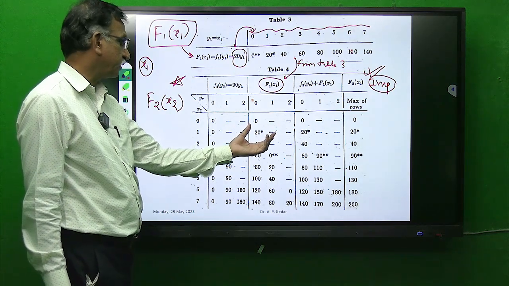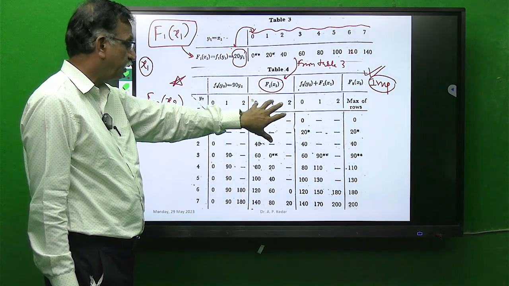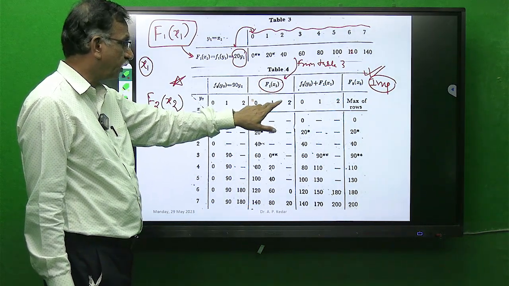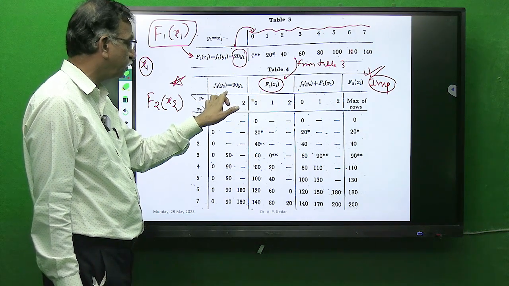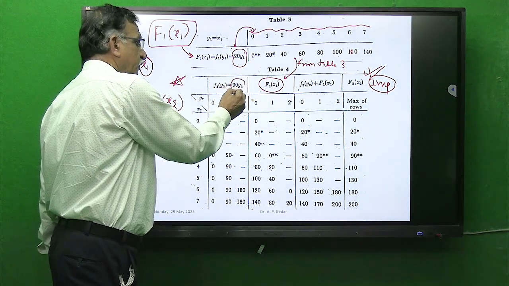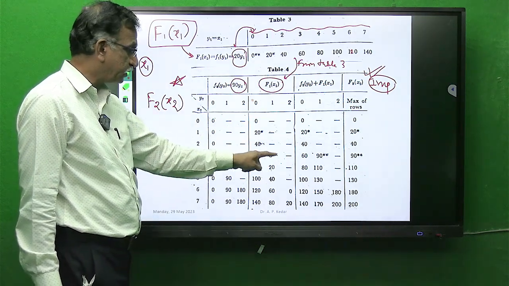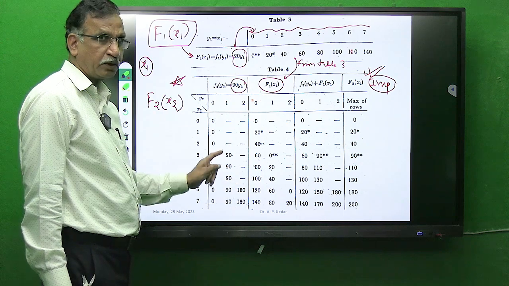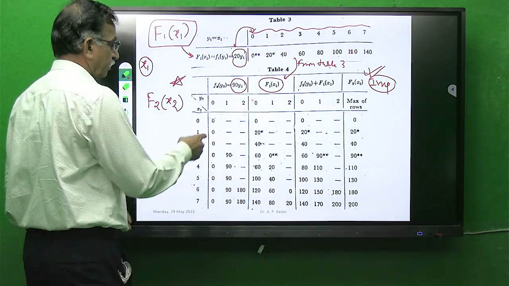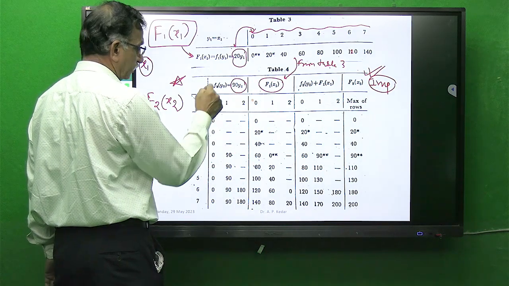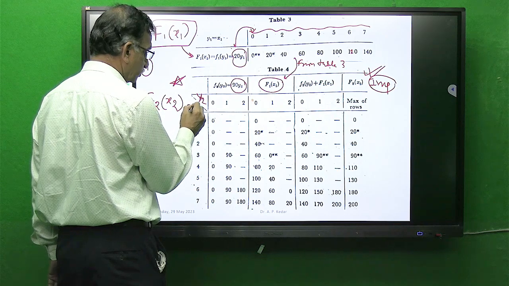In a similar fashion we have to write the current decision. The table columns for f1 and x1 will be replicated for f2 of y2, for the objective function 90 y2. Again, an important thing: at dashes you have to keep the dash, but the values at non-dash places will come from the relation 90 y2. These are the values of y2, and this is x2.